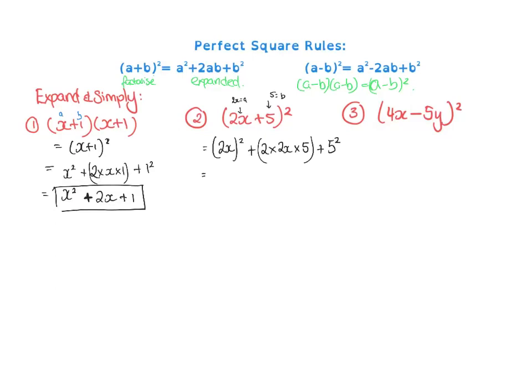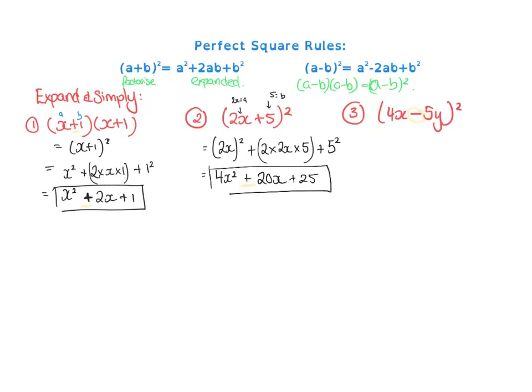So if we fix that up, it'll be 4x squared plus 2 times 2 is 4x times 5, so that's 20x plus 25. So that's expanded. It's much easier than doing all the expanding out of two brackets. Now we just have to be careful with what sign is there, because that will make a difference to what sign is in there. Because these were plus, there was a plus.